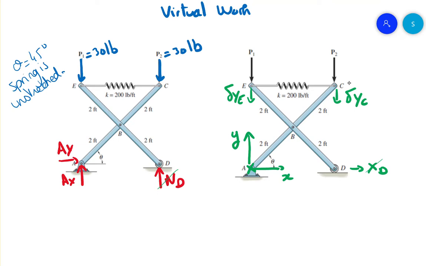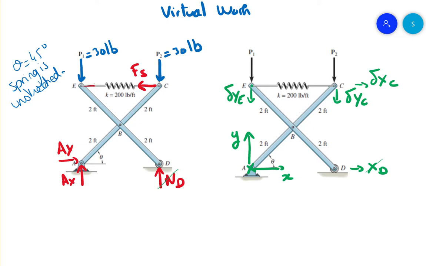We have a displacement on X for this one because it's moving to the right. Delta XC we need to consider for the force of the spring, because this point doesn't move, but this point moves. So we need to consider the force of the spring, which will be to the left.